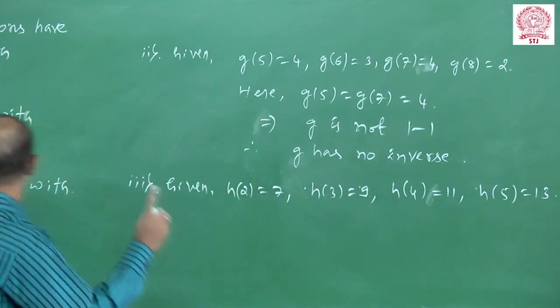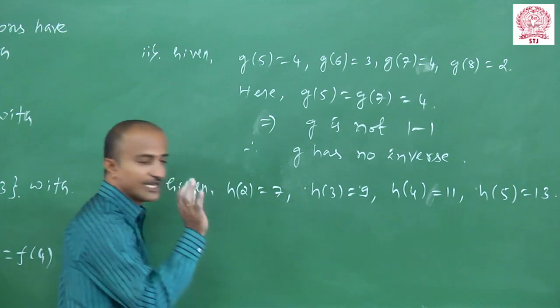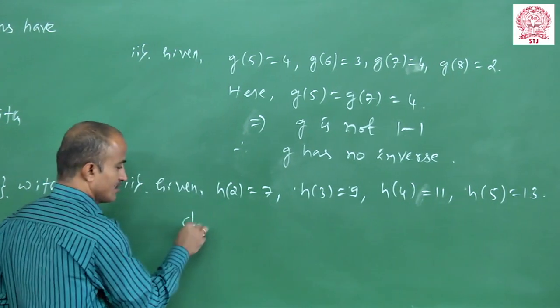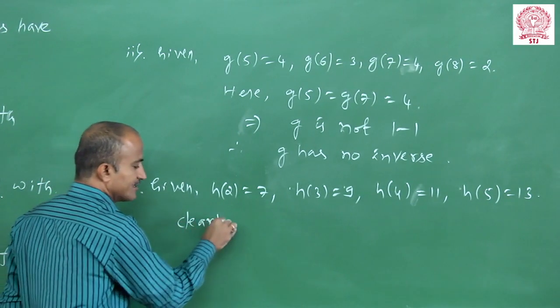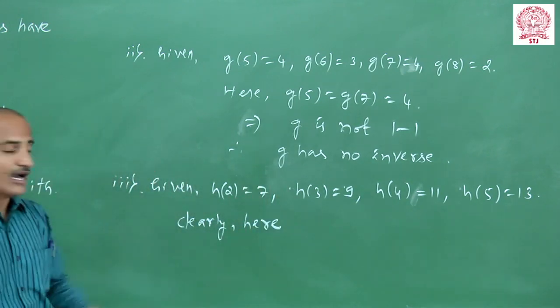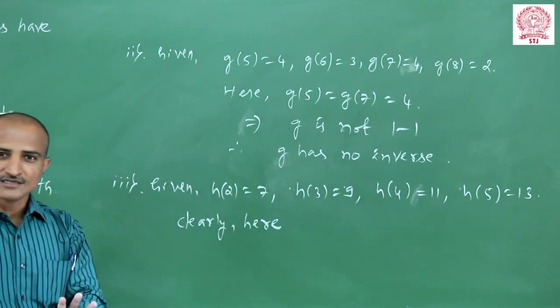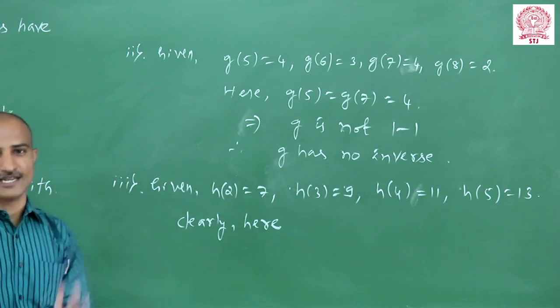So clearly, here distinct elements of the domain are having distinct images in the codomain, which means the function is 1 to 1.